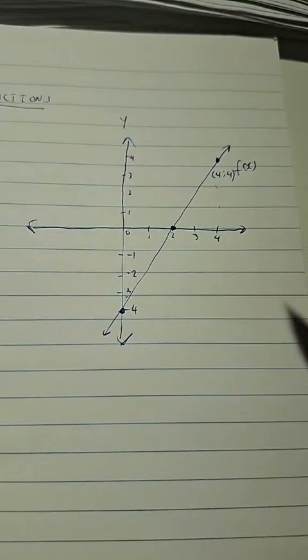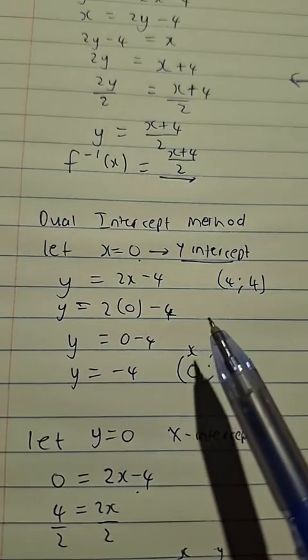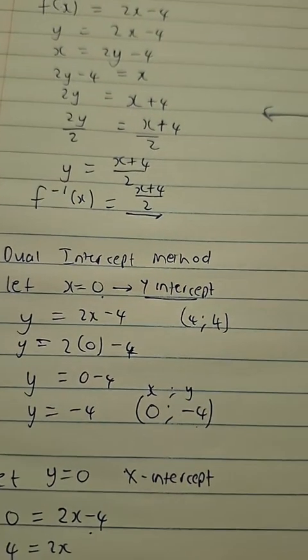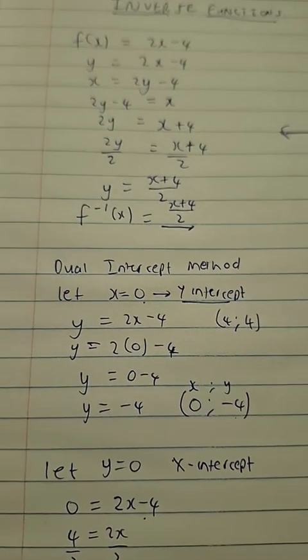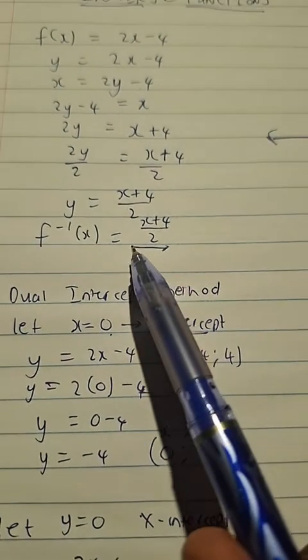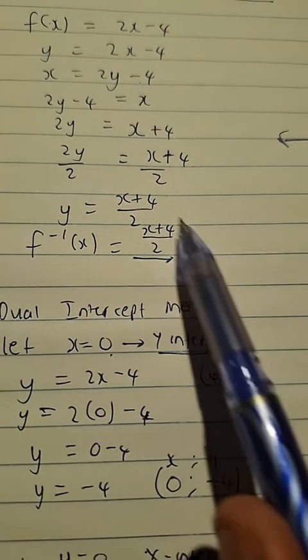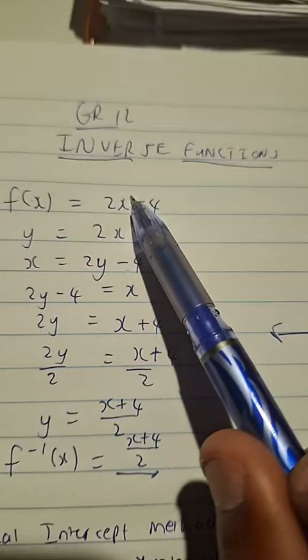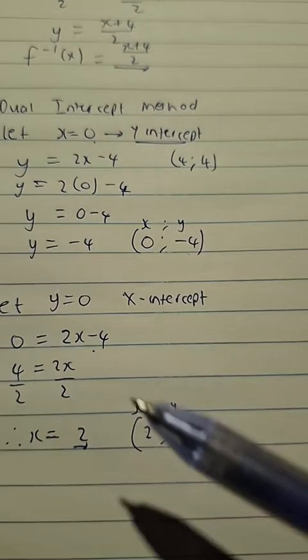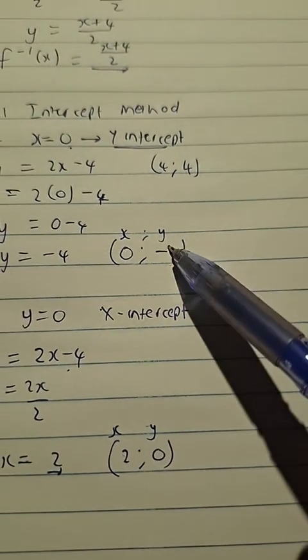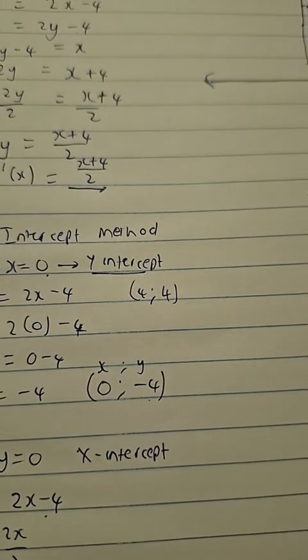Then let's go to the inverse of the function. Now listen to me and listen to me well. If you think about this practically, if we are going to be drawing the inverse of this function, remember we've just found the points 2 and 0, 0 and -4, 4 and 4.